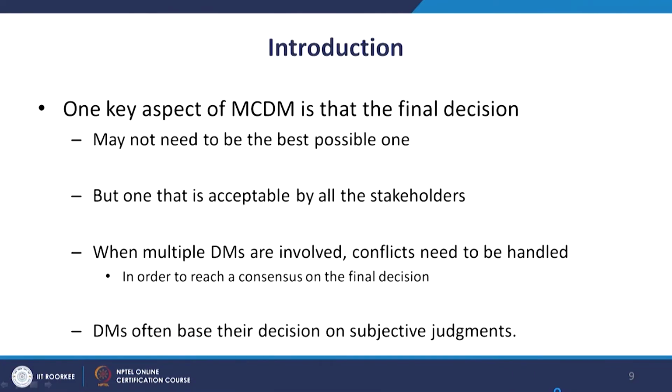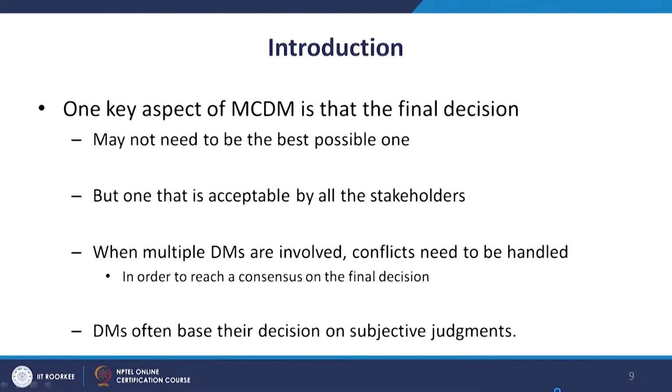There are some other important aspects of MCDM related to the final decision. The final decision that we typically get after applying MCDM methods may not be the best possible one, but it is going to be one that is acceptable to all the stakeholders. If there is more than one decision maker, a consensus has to be reached, and therefore all these stakeholders, which are typically identified in the very first step when we are trying to understand the problem, have to accept the final decision.